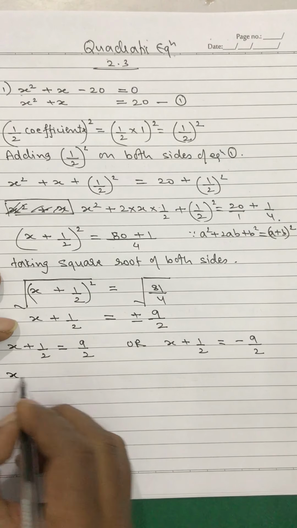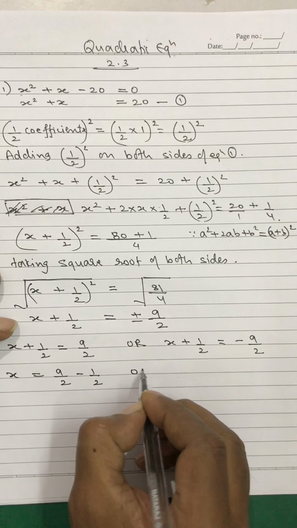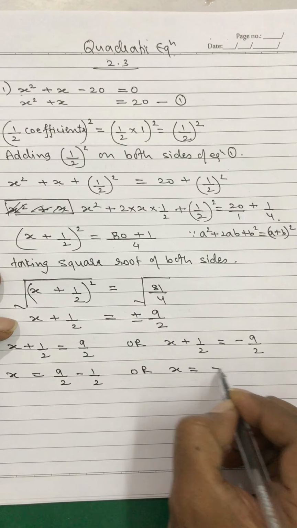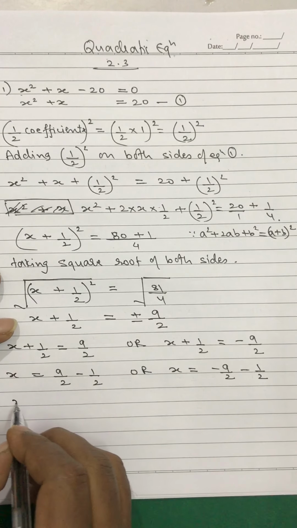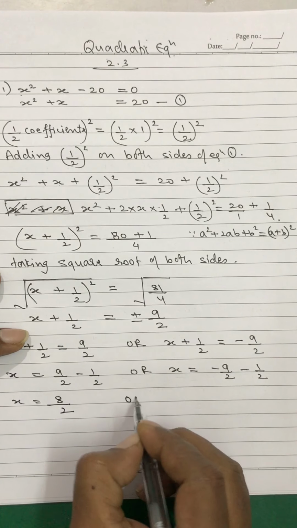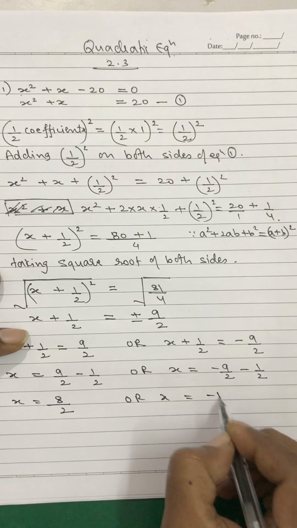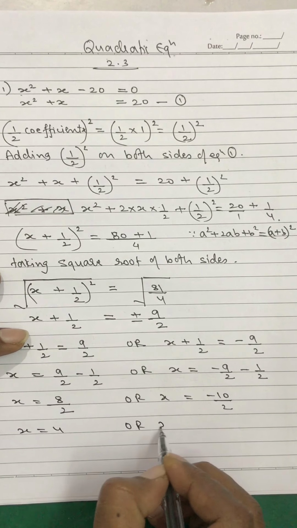Half goes on the other side, so x is equal to 9 minus 1, which will be 8 upon 2, or minus 10 upon 2. So x is equal to 4 or minus 5.